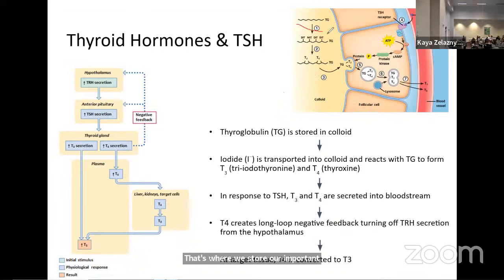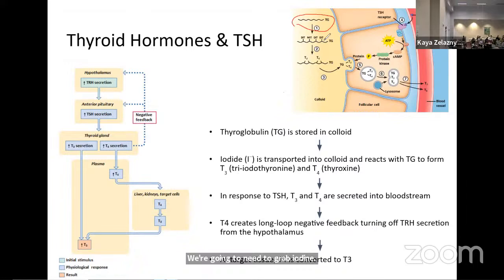This molecule, thyroglobulin, is stored in the colloid. It's not a thyroid hormone itself, but it's going to let us make our different thyroid hormones. In order to ultimately make our thyroid hormones, we need to grab iodine and pull iodine into the colloid.